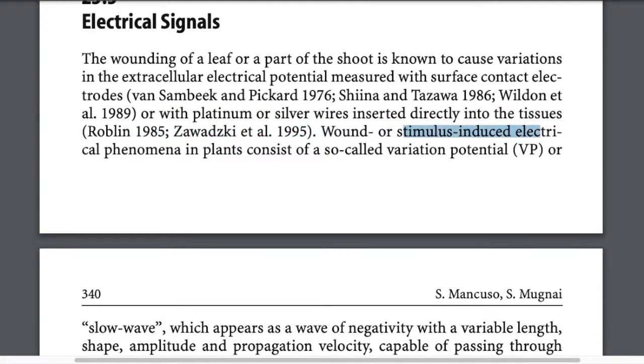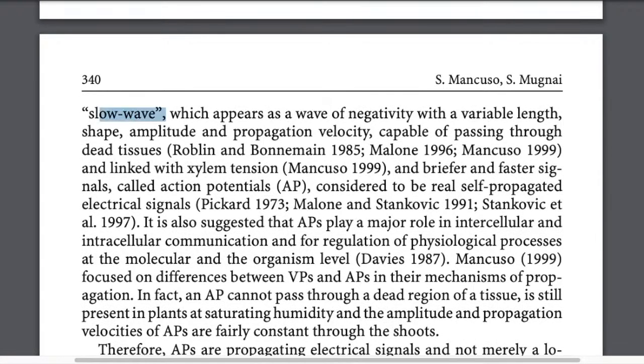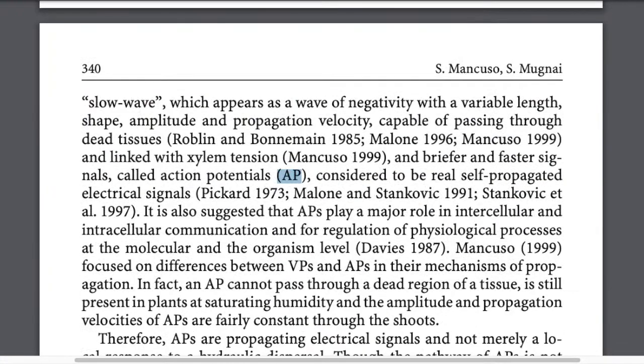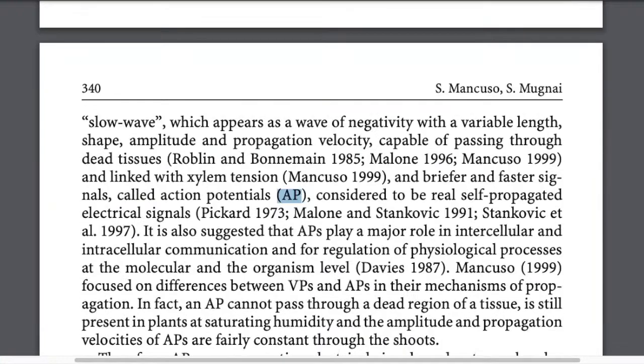Wound or stimulus-induced electrical phenomena in plants consist of the so-called variation potential, VP, or slow wave, which appears as a wave of negativity with a variable length, shape, amplitude, and propagation velocity, capable of passing through dead tissues, and linked with xylem tension. And briefer and faster signals, called action potentials, APs. So we have VPs and APs, variation potential and action potentials, considered to be real self-propagating electrical signals.